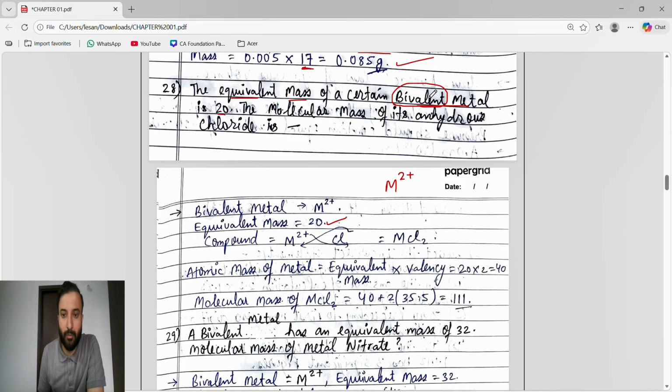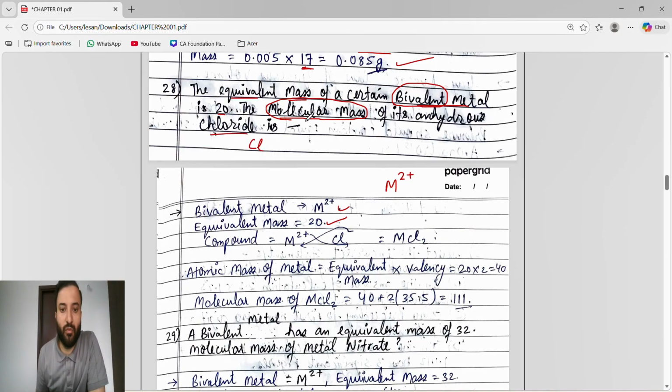So the bivalent element is M2+. The equivalent mass is 20. Understand till here? We have to find the molecular mass of this metal's anhydrous chloride. Chloride means Cl.